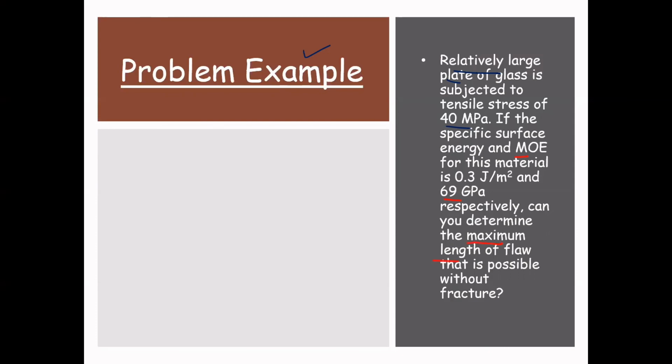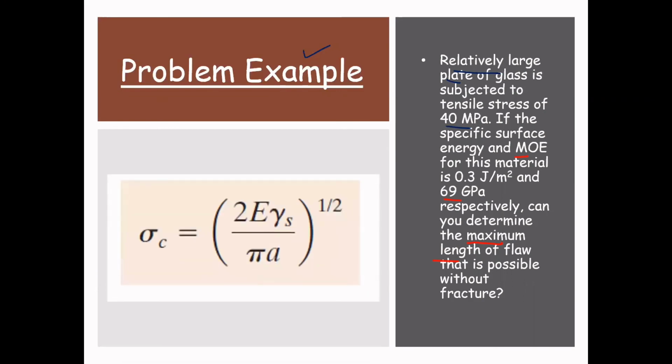So in this question, what we want to determine is the maximum length of flaw that is possible in the material without a fracture occurring. And this is the equation that we will employ.